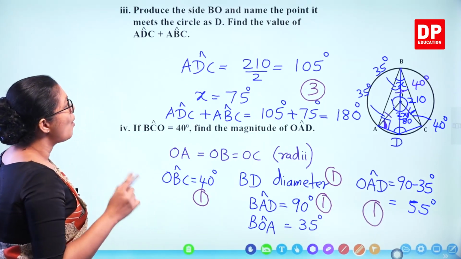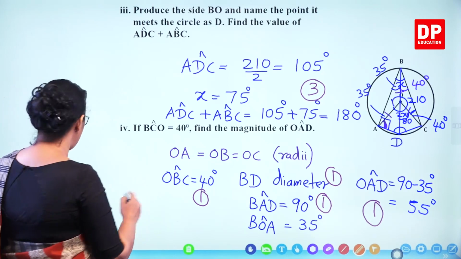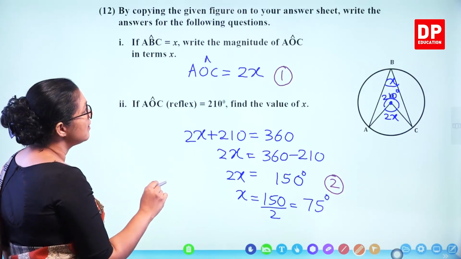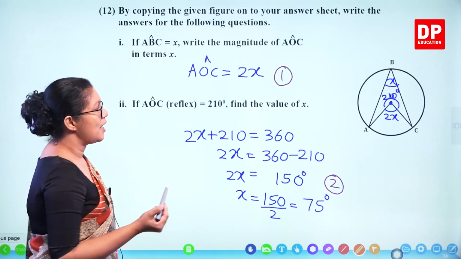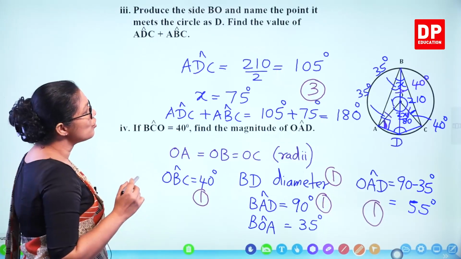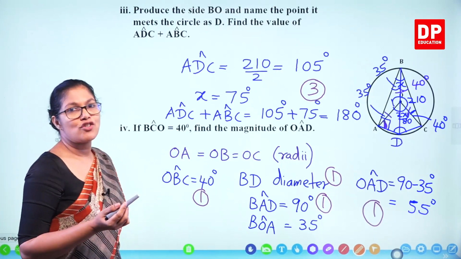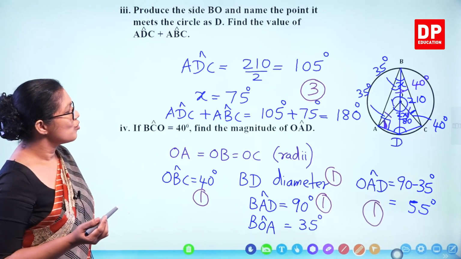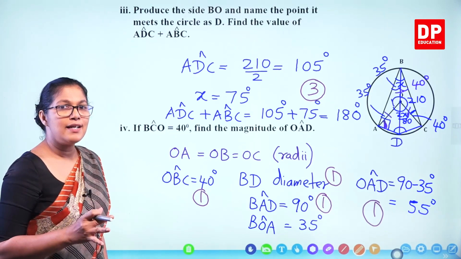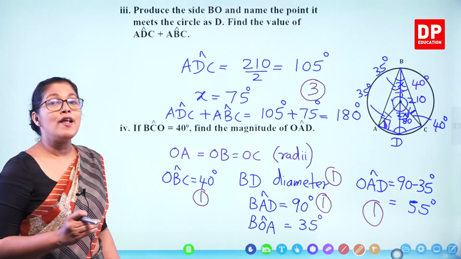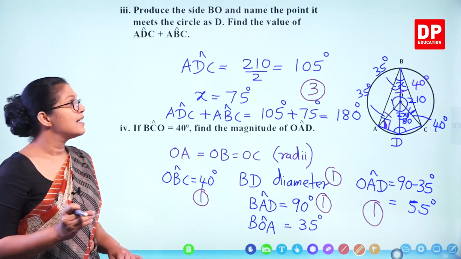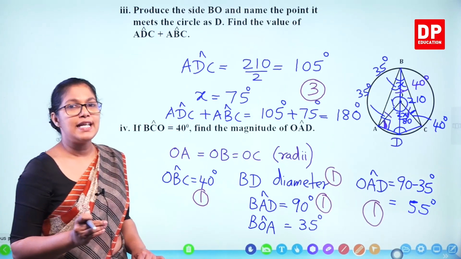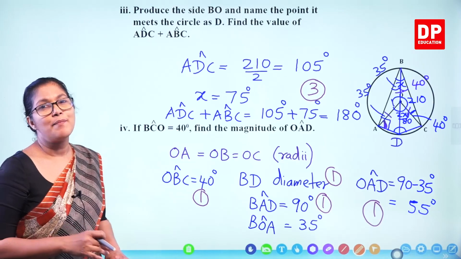So 4 plus 3, 7. And 3, 10 marks. So this is the last question in paper 2. So we completed the end of evaluation grade 10 2018 Northwestern Province paper.